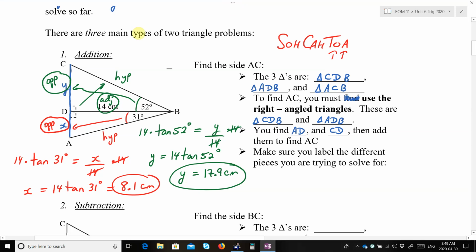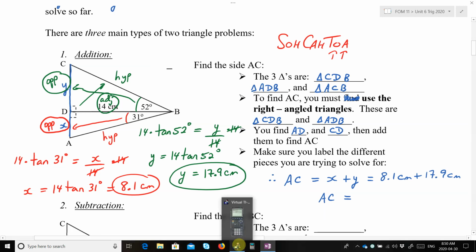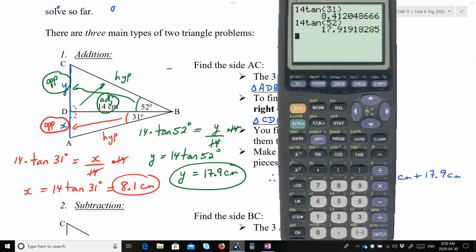All right, so we found x and y, and we can finally say, therefore, the side AC is equal to x plus y. It's made up of those two sides. So we would add those together. 8.1 centimeters plus 17.9 centimeters, and we get that AC is equal to... let me just do a quick double check.